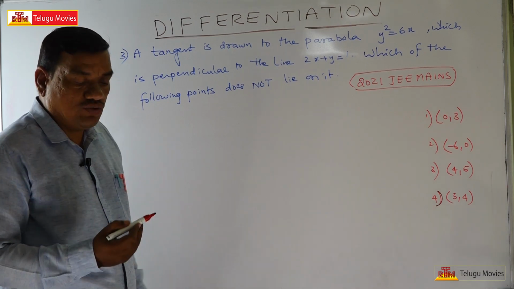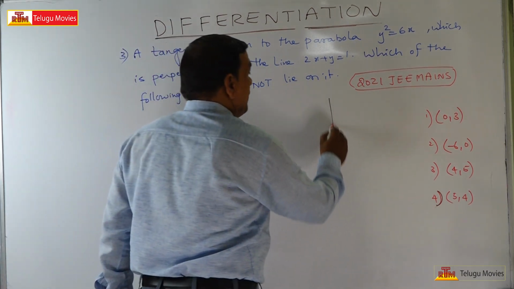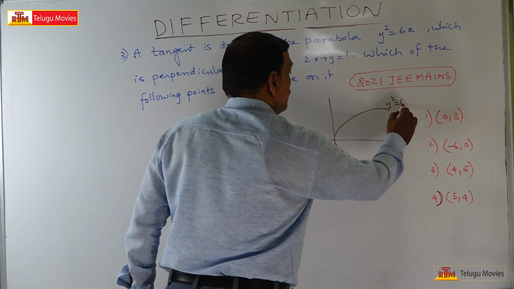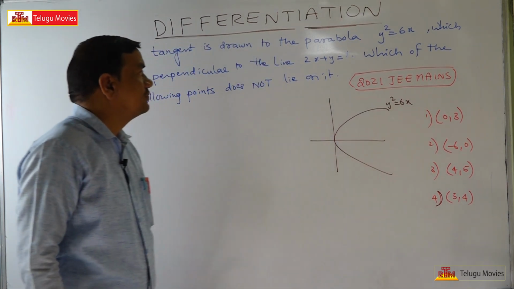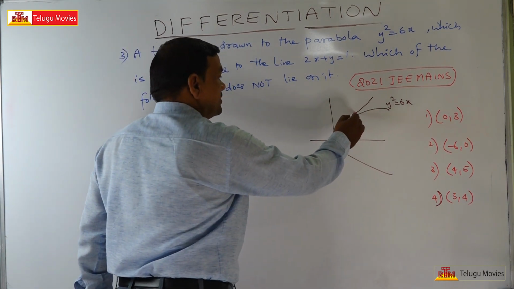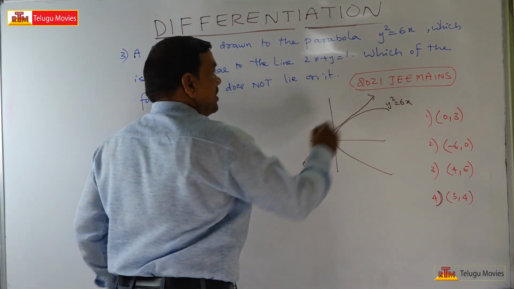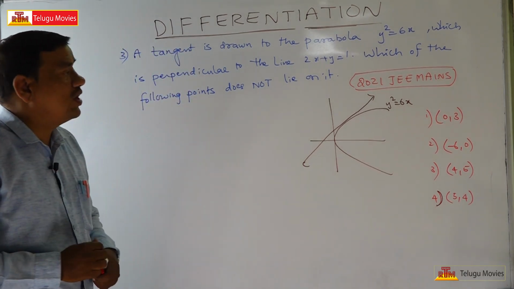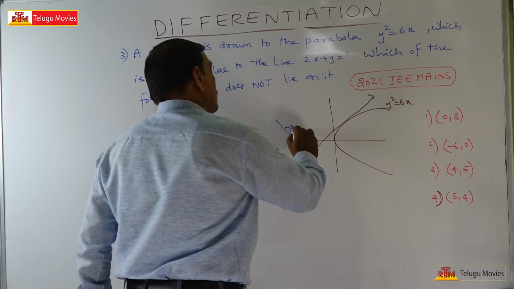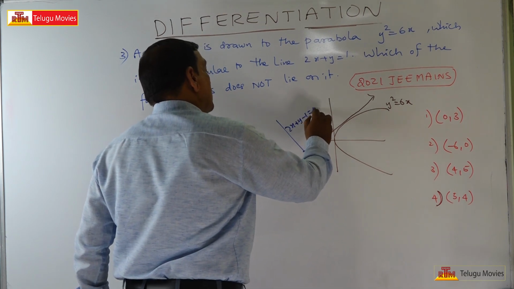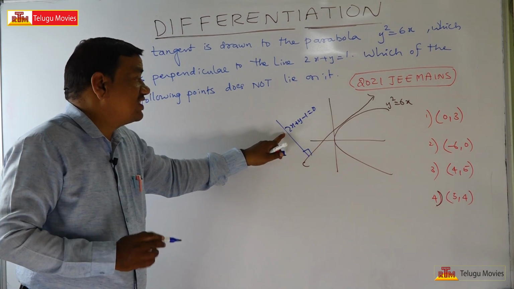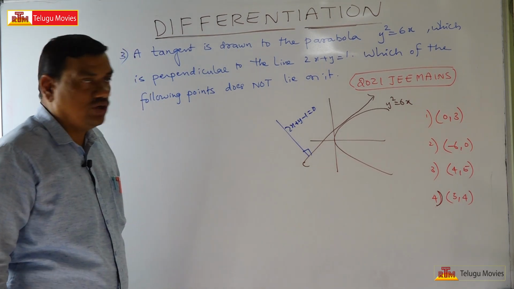First of all, y square is equal to 6x is the parabola. There is a tangent, and it is perpendicular to the line 2x plus y minus 1 is equal to 0.